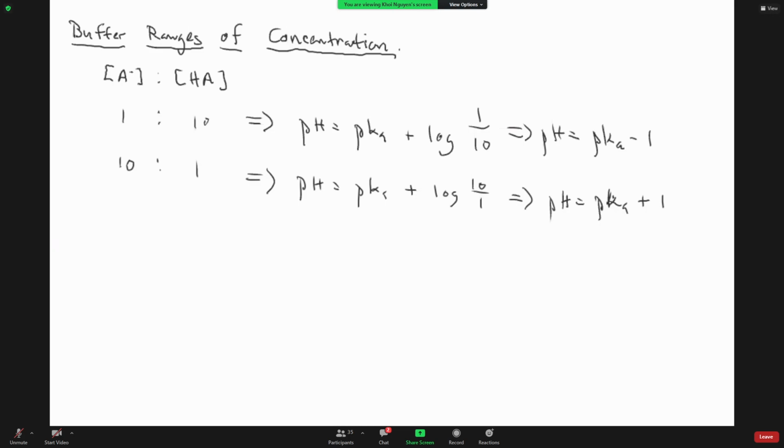So what you notice is that the buffer ranges for concentrations are what we call a buffer. It's always pKa plus or minus 1 for all buffer concentrations.